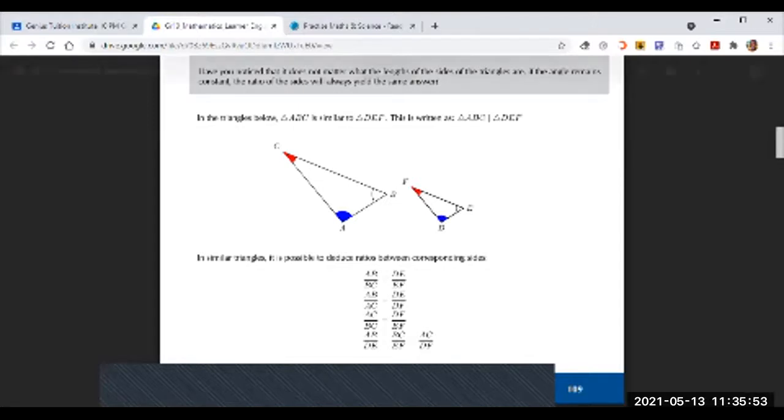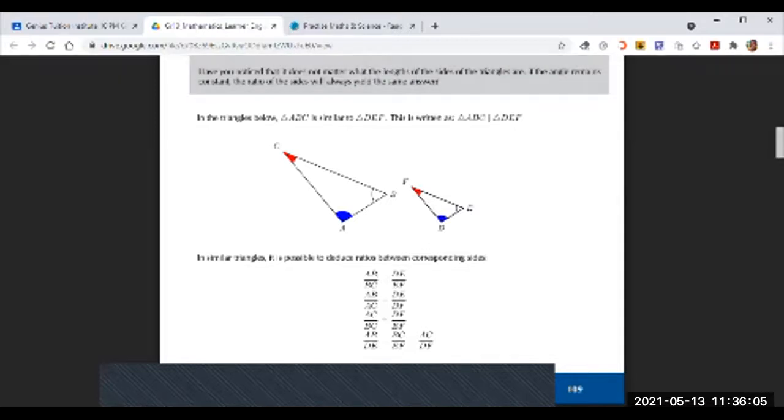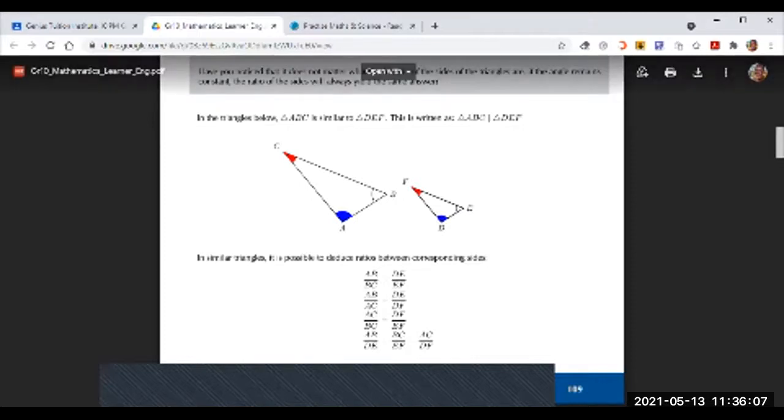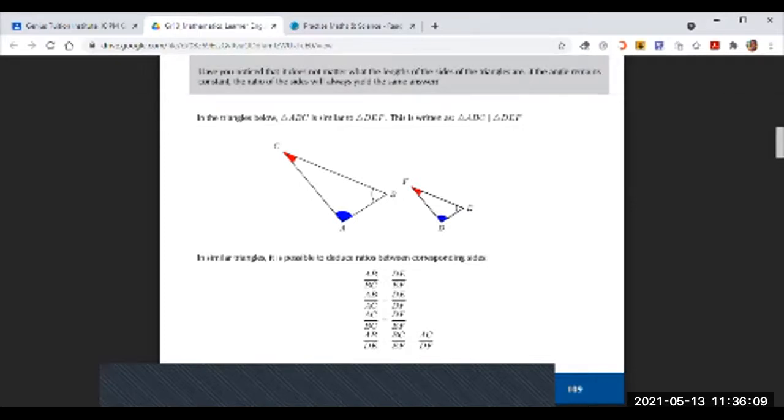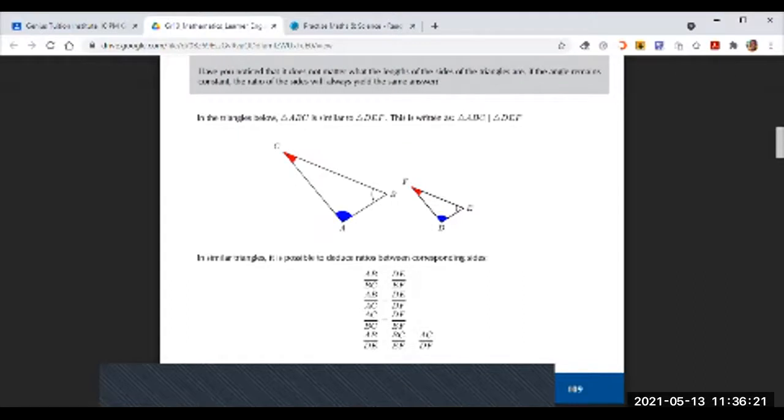AB over BC is equal to DE over EF. Look, AB, and then this one is DE. On the left-hand side you have the sides of this triangle, that is ABC, and this side is FDE.